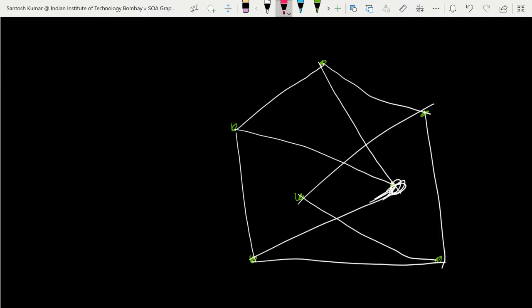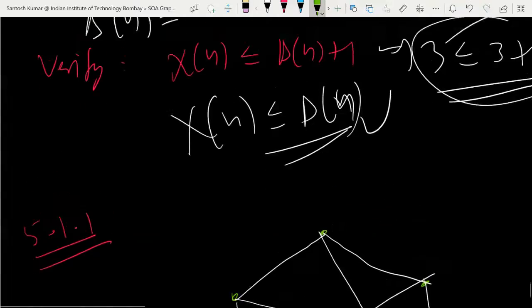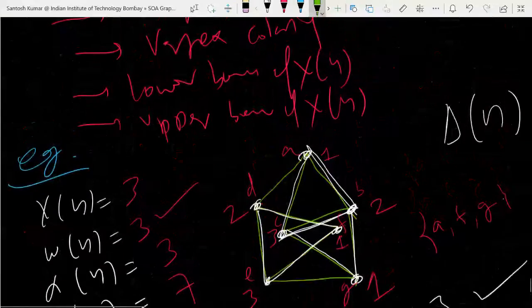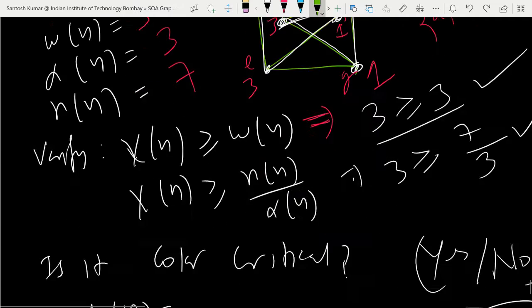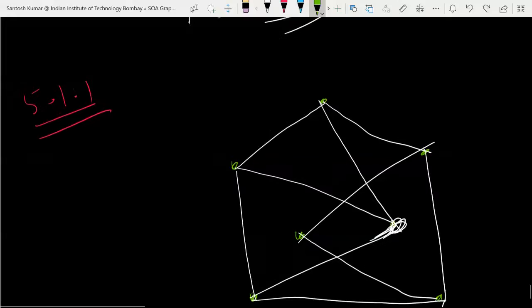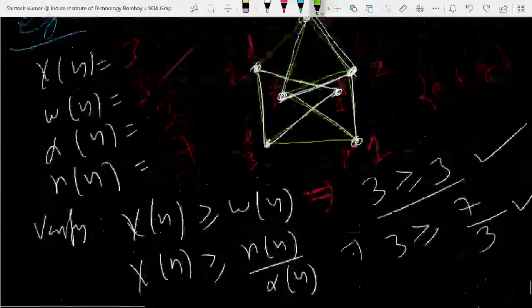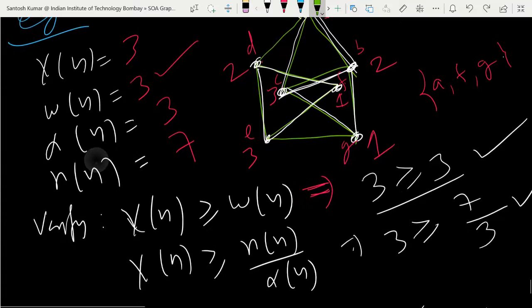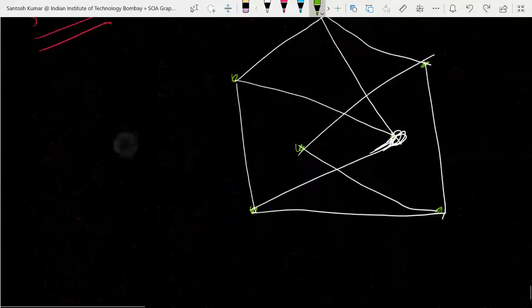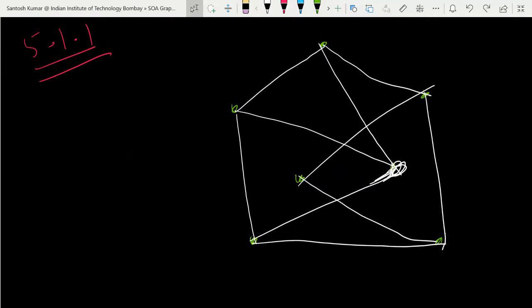Okay, now it is different than the earlier one. So this graph was in 5.1.1. In the last graph I actually missed just one edge. Is it not missing something now? Yes, so now try this.